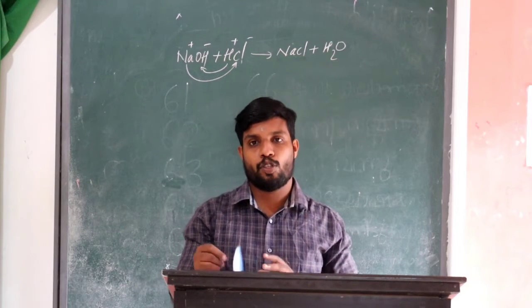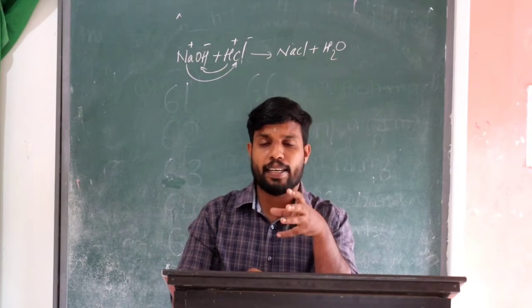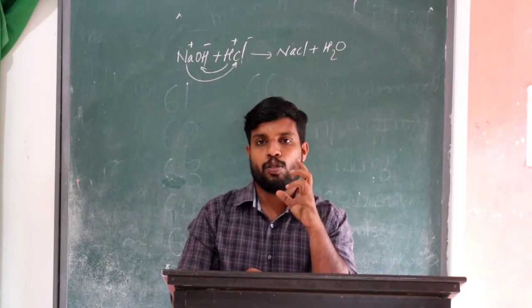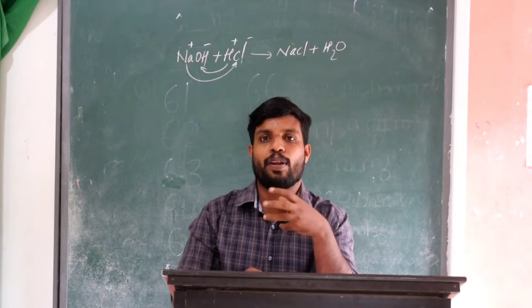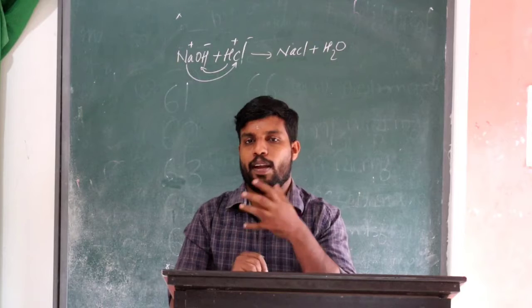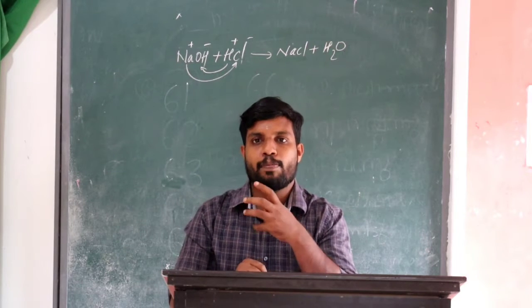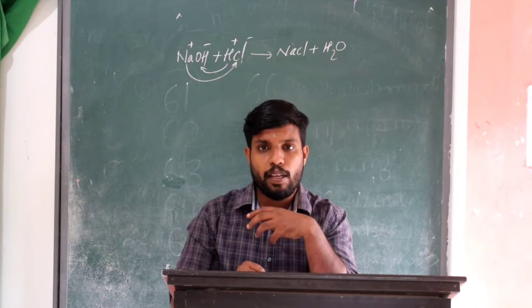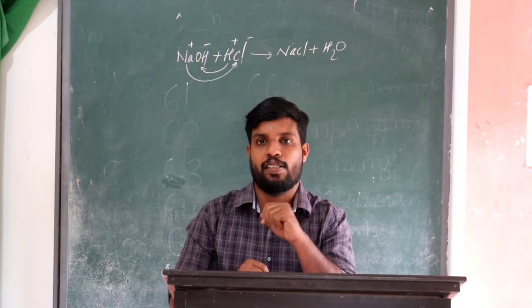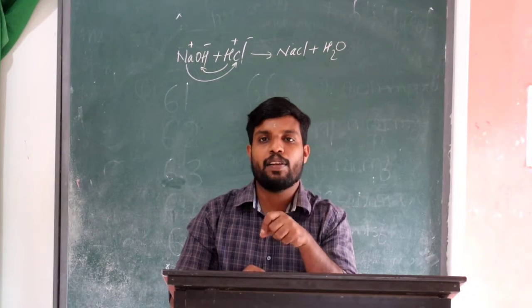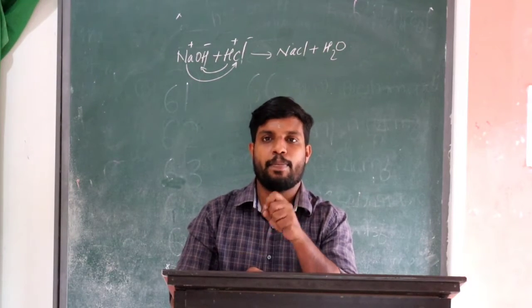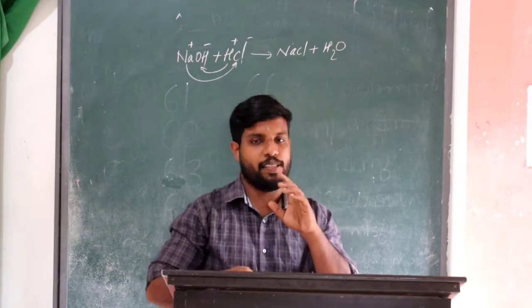Then you know that our stomach contains hydrochloric acid. If the concentration of hydrochloric acid in our stomach increases, what happens? It creates problems for our stomach, such as ulcers. To decrease that, we use medicines, which are known as antacids.